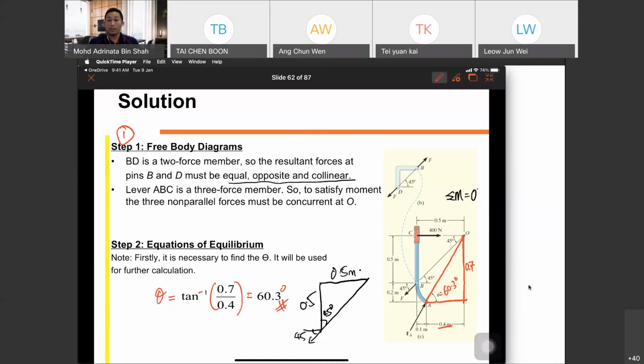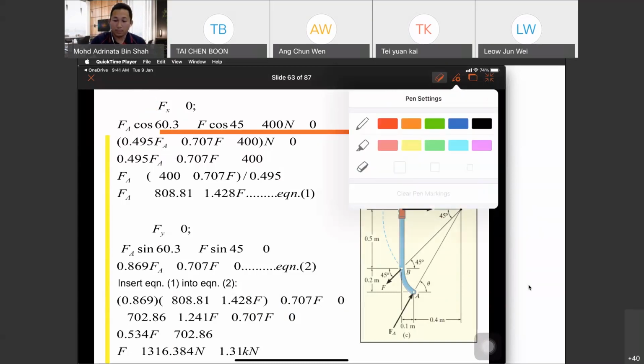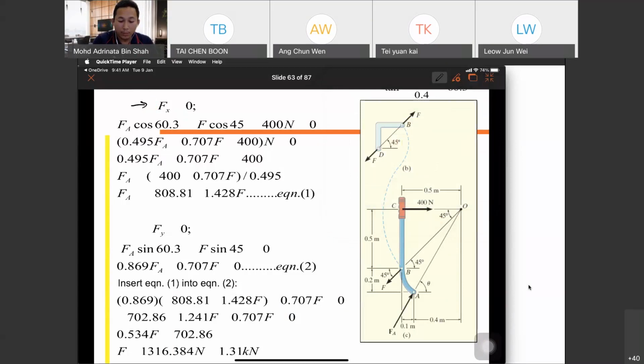Untuk apa? Untuk you break Fx dan juga Fy. So you need a theta, so that we can solve our equations of equilibrium in x and y direction. Summation of Fx equals to 0.